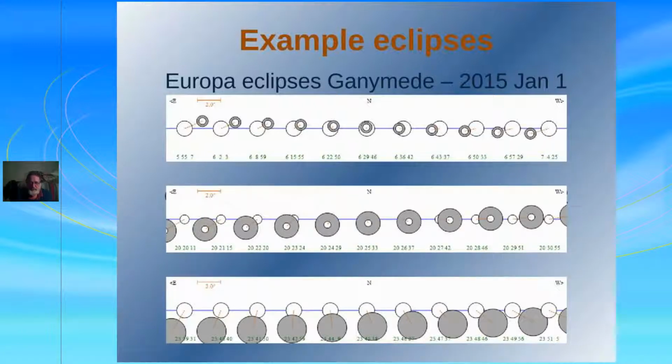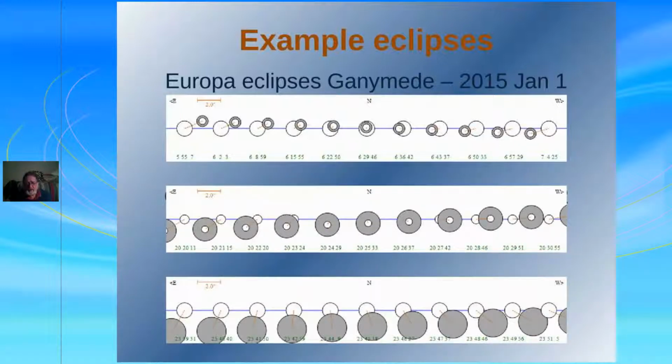Now, the first one is Europa eclipses Ganymede, and I venture to say that both of those are on the far side of Jupiter when that happened, because the penumbral region is fairly small. The second line is actually Ganymede eclipses Europa. You can see there that the umbral region is very small and the penumbral region is large.